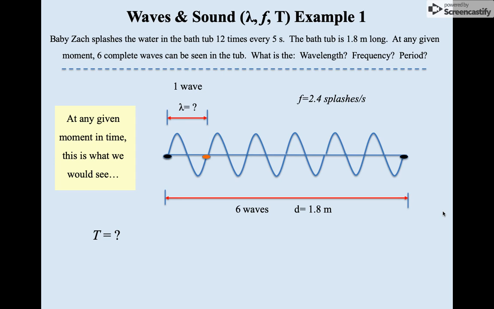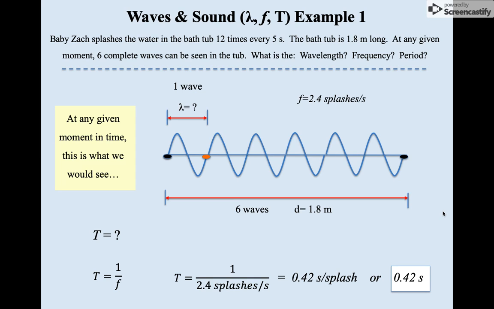So we've also learned that there's an equation for period that is 1 over the frequency. We know the frequency, so we substitute and we solve, and we get that the period of a wave cycle is 0.42 seconds. So every 0.42 seconds, another wave emerges.